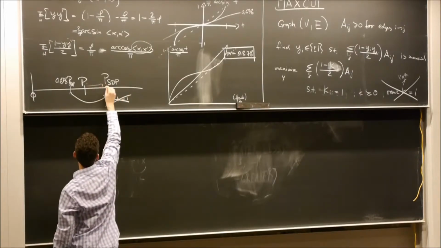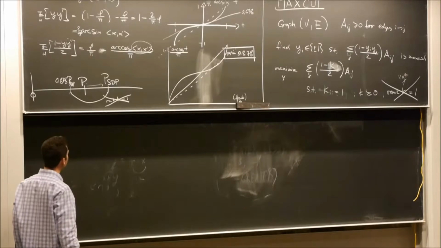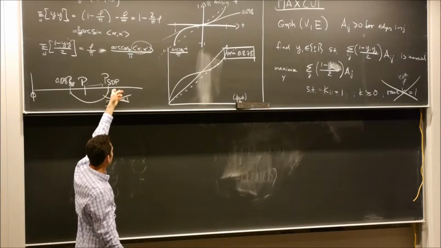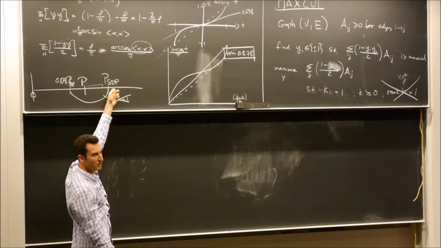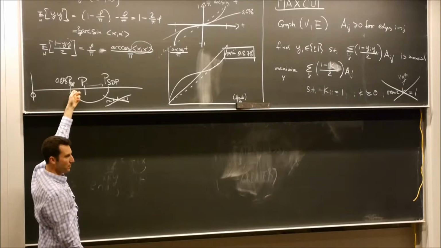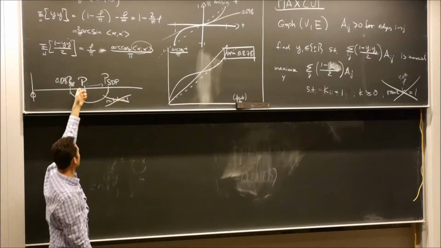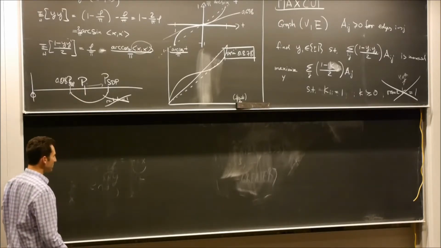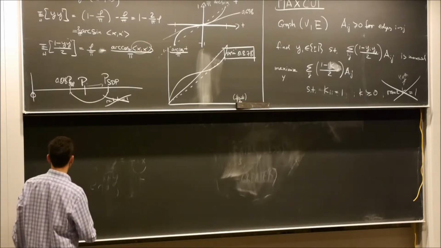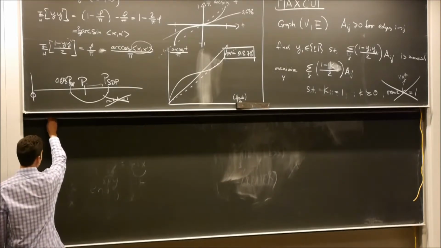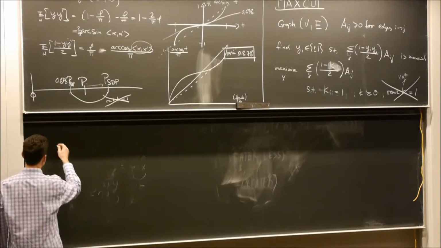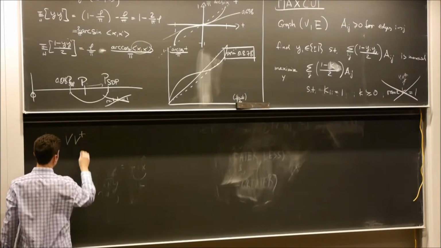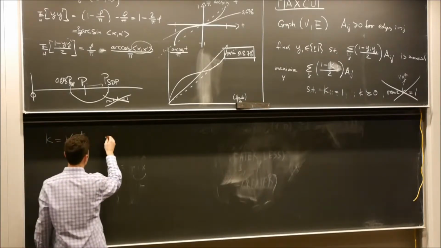What we now need to do is extract from this SDP solution, which is going to give us an upper bound, something that is feasible and where we don't lose too much in the process of getting feasible. So how do we do this? Actually it's surprisingly easy. We perform a Cholesky factorization. So I'm going to write K equals V transposed V. Let me just write it out.